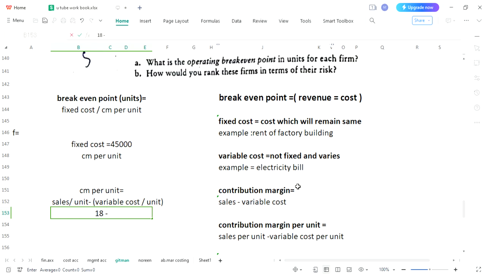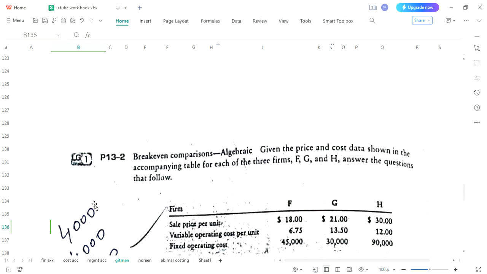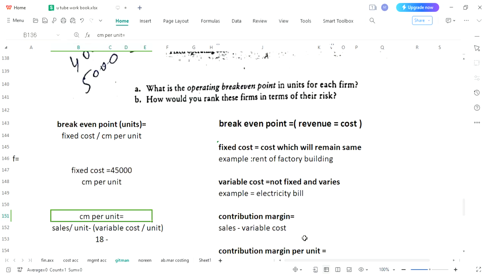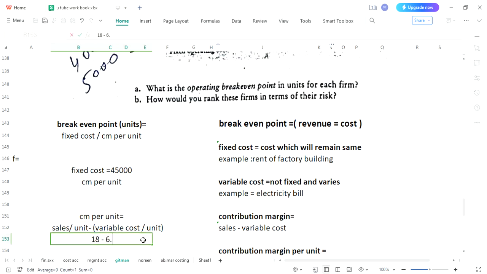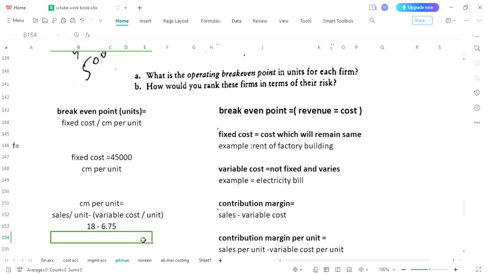Then you need to subtract. Please follow this formula, variable cost per unit. And look over here, variable cost per unit 6.75. Put over here 6.75. So in this way you can complete your CM per unit. The statement has been completed.